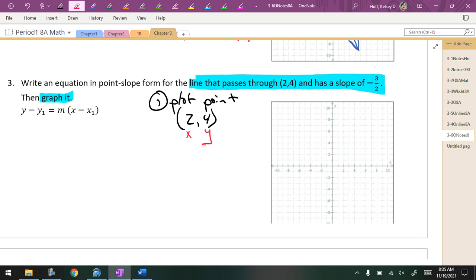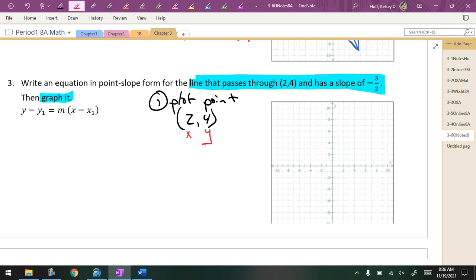I want to see where everybody puts that on their graph. Your x is 2, your y is 4.